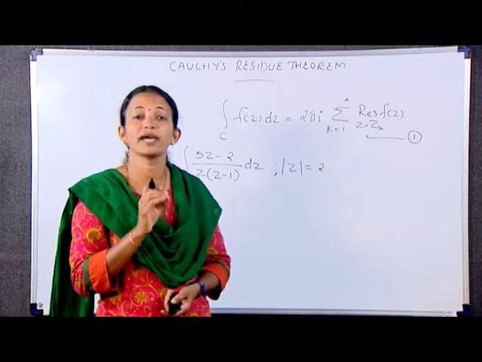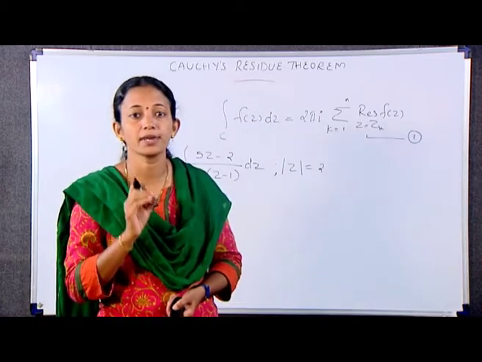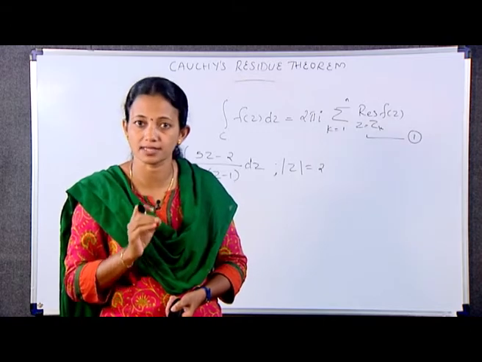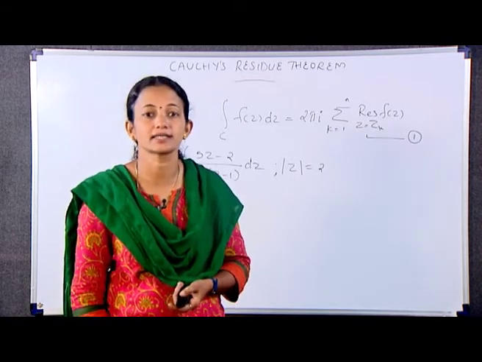We know 1 by 1 minus z is equal to 1 plus z plus z square plus z cube plus etc., where mod z is less than 1.